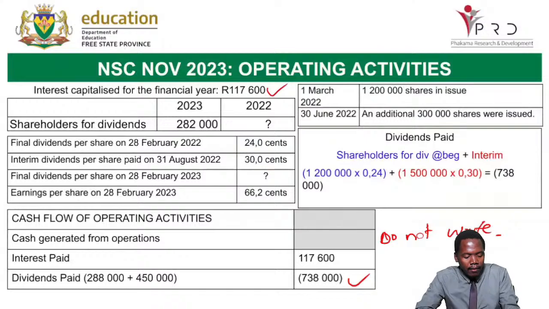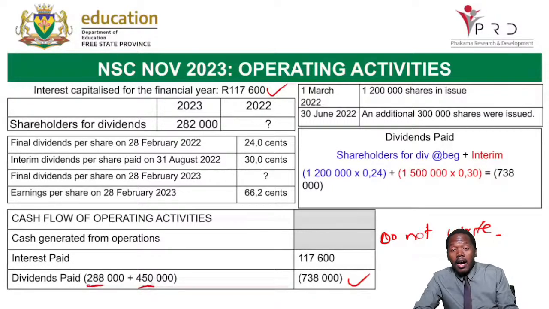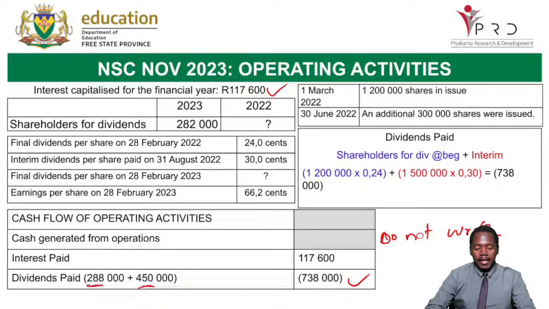Dividends paid, there is our answer. 1,200,000 times 24 cents becomes 288,000. 1,500,000 times 0.30 becomes 450,000. Now, 288,000 plus 450,000 gives us 738,000.